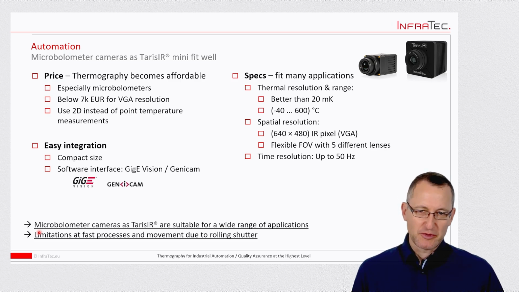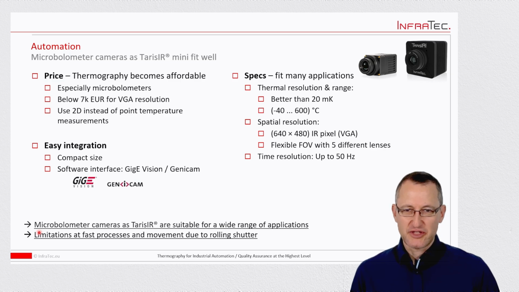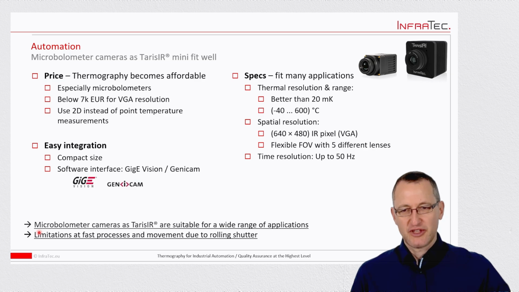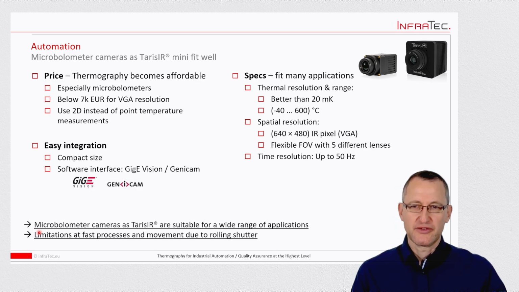The pricing is below €7,000 for a VGA resolution, and that allows using such cameras instead of other point measurement devices, where we can only measure some points. With the camera, it's possible to measure a complete area in one shot.